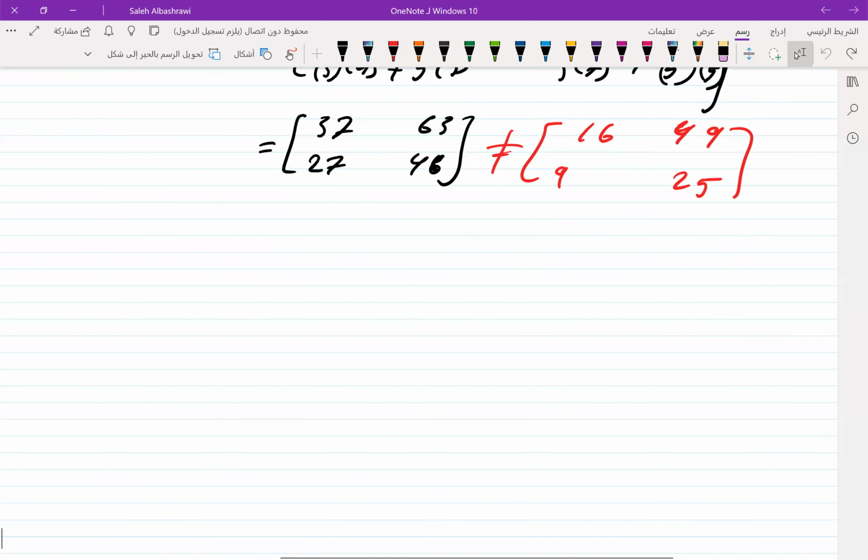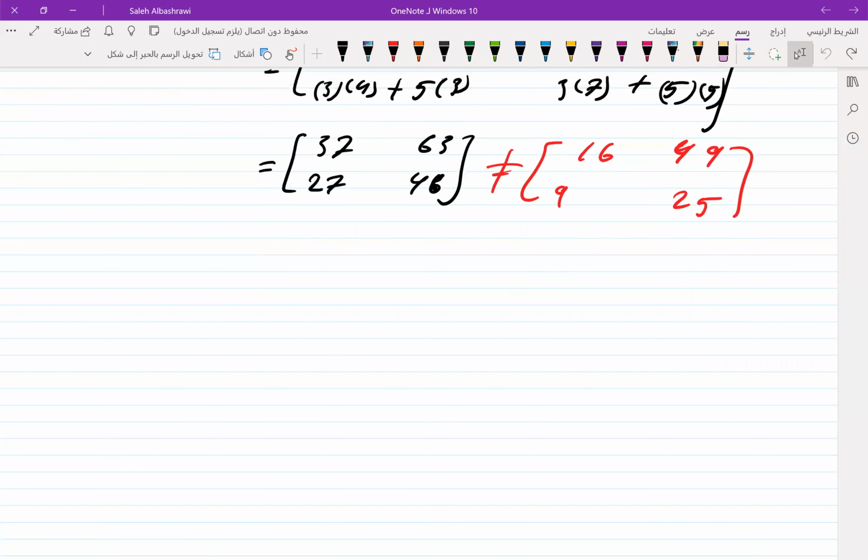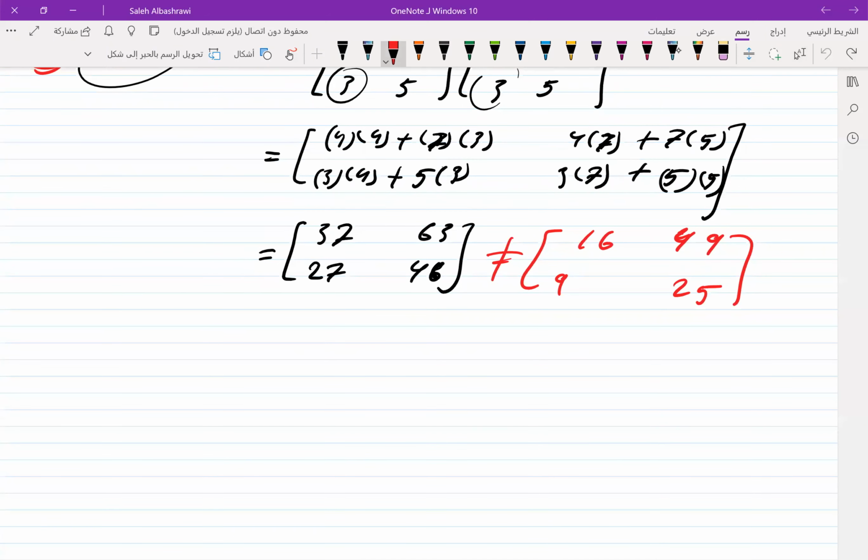Next point, think about the transpose of a matrix.